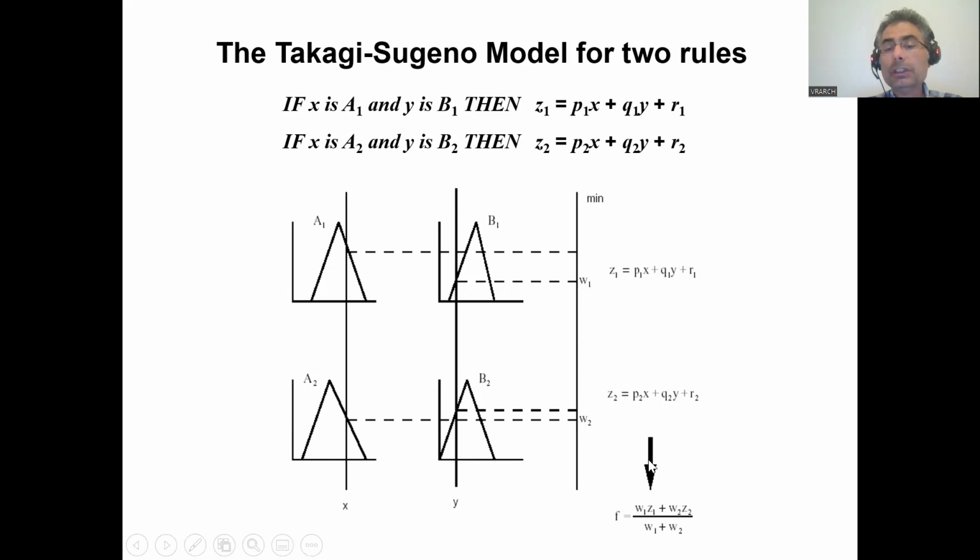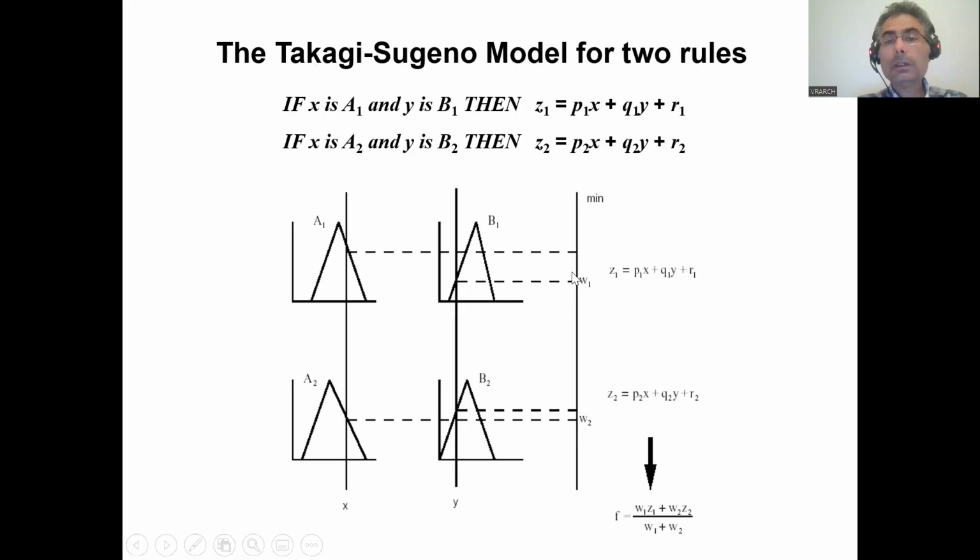And you just need to take the weighted average of this. The weight comes from the part before the THEN part, because you are taking the minimum. So this is the difference between the two models, but these are the two models that have been widely used in applications.